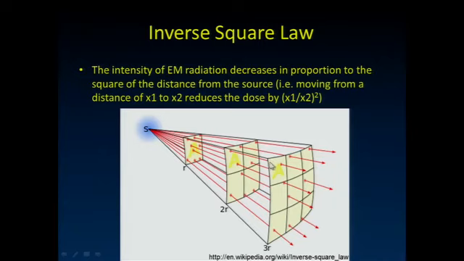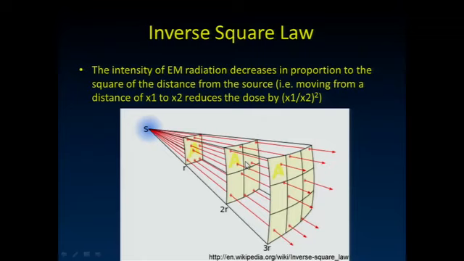Or if you were the same size, like this letter A in this picture, only 1/4 as many of them would pass through you. So as we double our distance from the source of radiation, the dose that we're exposed to decreases by the square of that distance.